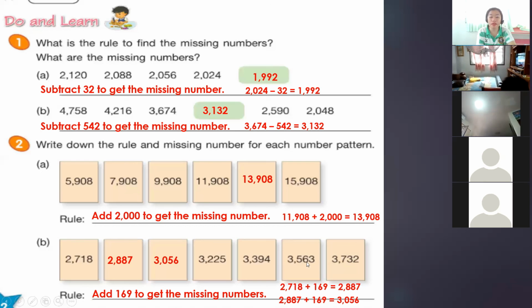And 3,563 plus 169 is equal to 3,732. So the rule here is to add 169 to get the missing number.